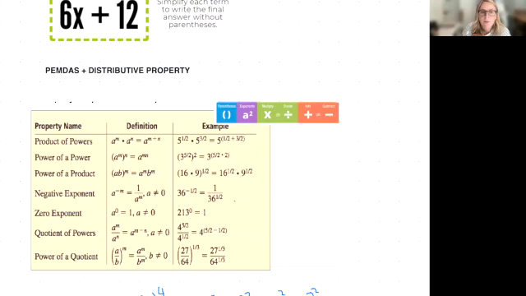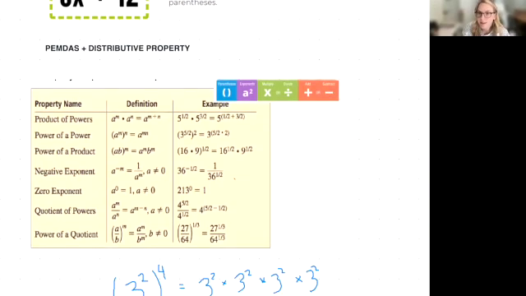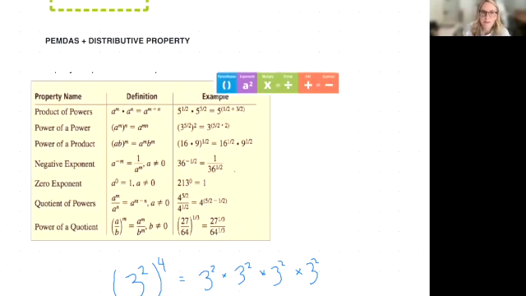Okay, now what if there's 2 bases inside those parentheses? It might look something like, let's say we have 2 times 3, and then we close that up, and we have one exponent on the outside.